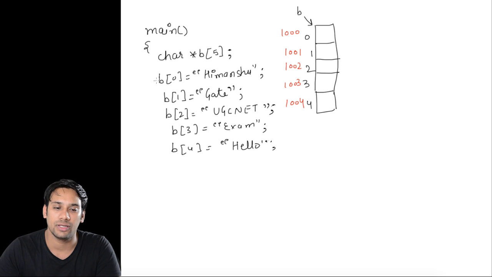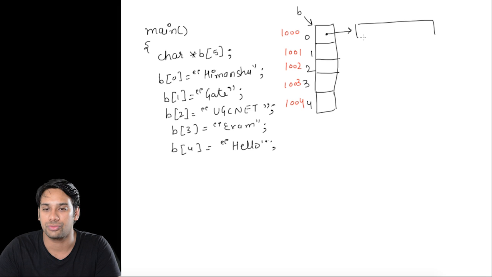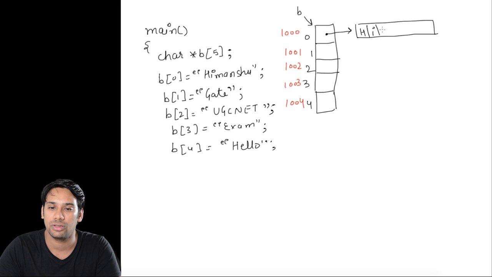This means if I'm storing this Himanshu in the index location 0, that means this index location 0 is pointing to an array which is storing Himanshu, right? So this is H I M A N S H U and this null character.